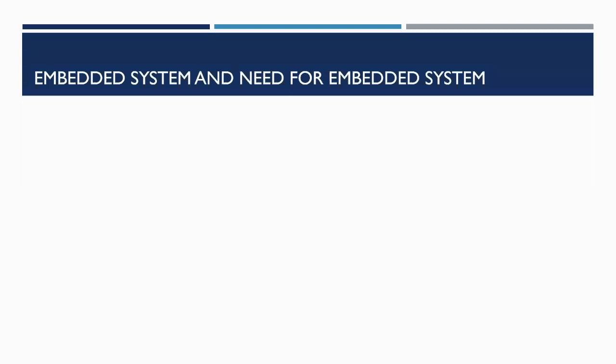Now, one scenario I will tell. We have a computer or a laptop, and this laptop has the capability to do calculations, data recording, you can handle your files, and you can do input output operations. All of those things can be carried out in a laptop or a general purpose computer.